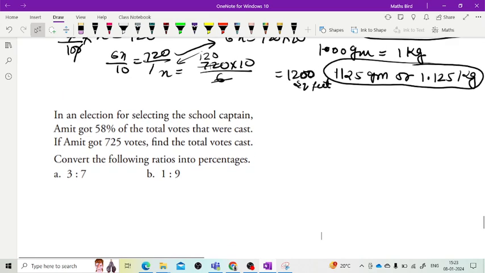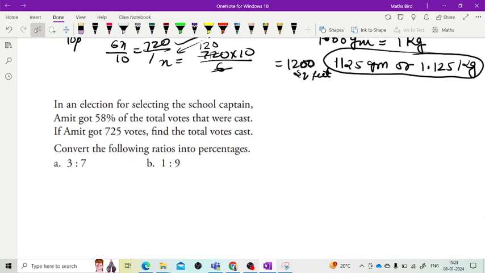Now next. In an election for selecting the school campaign, Amit got 58% of total votes, and they are asking to find the total vote. Let the total vote be x. Amit got 58% of total votes that were cast, and Amit got 725 votes.